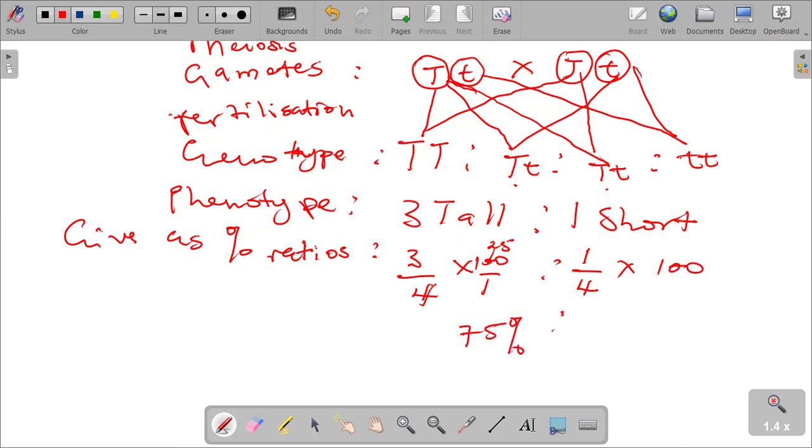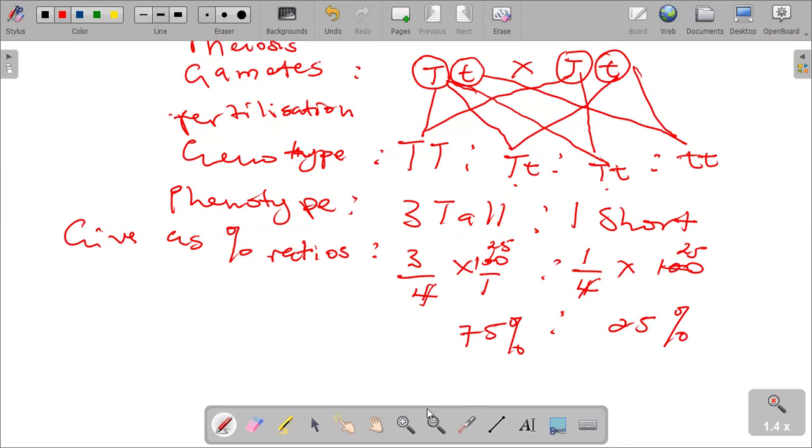That is 75% as to, also here, 4 into 100 is 25, and 25 times 1 is 25, which is also percent.